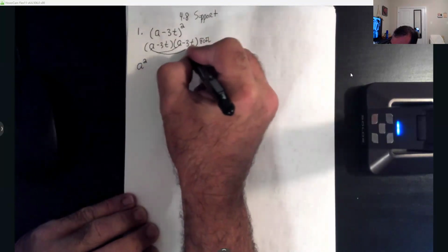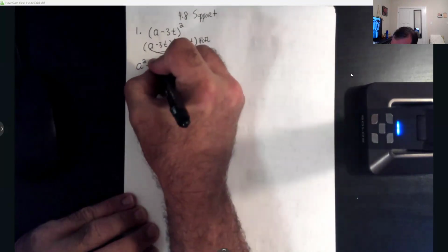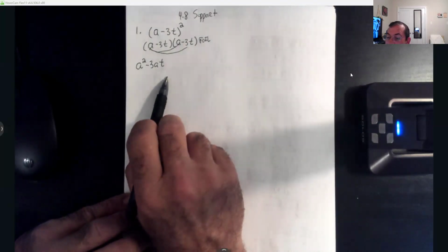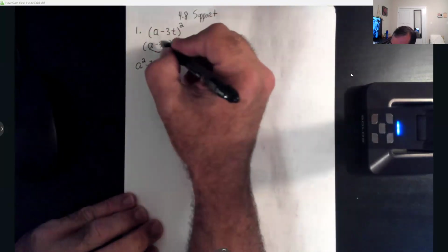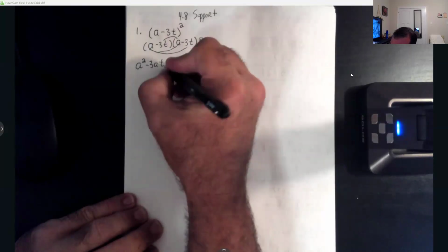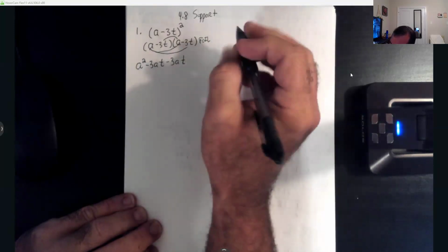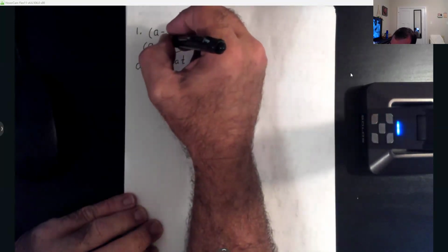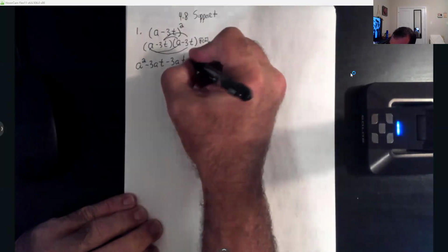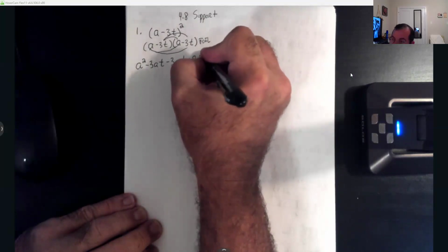The A times the negative 3t gives me a negative 3AT. I'm just keeping mine in alphabetical order. Now you multiply this negative 3t times A, you get a negative 3AT. And y'all finally, negative 3t times negative 3t is a positive 9t squared.